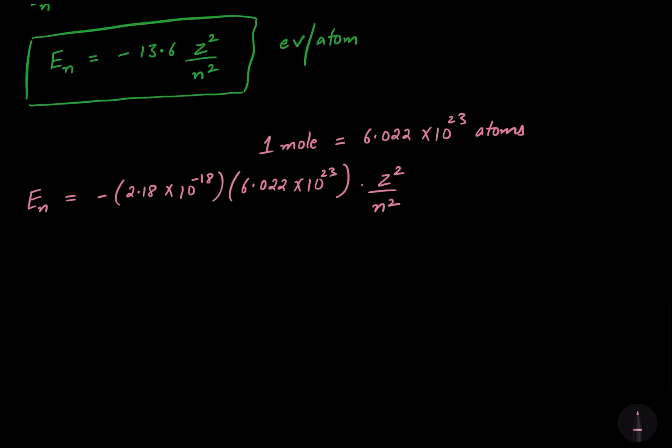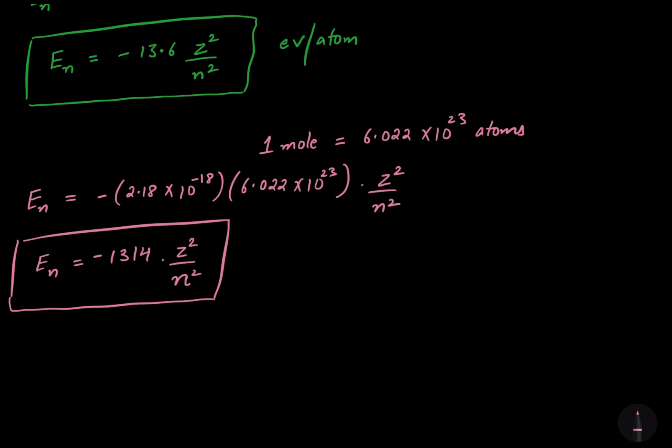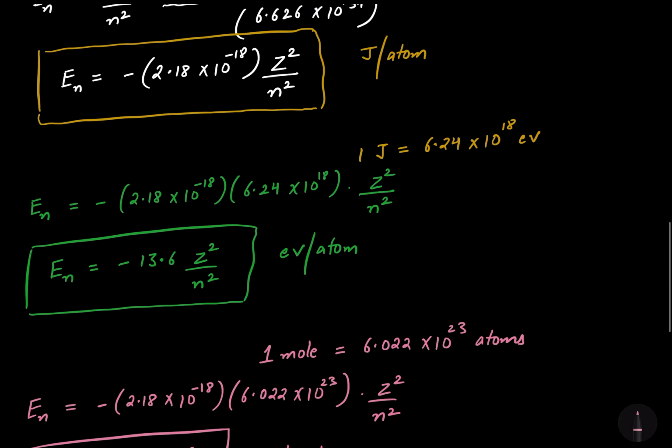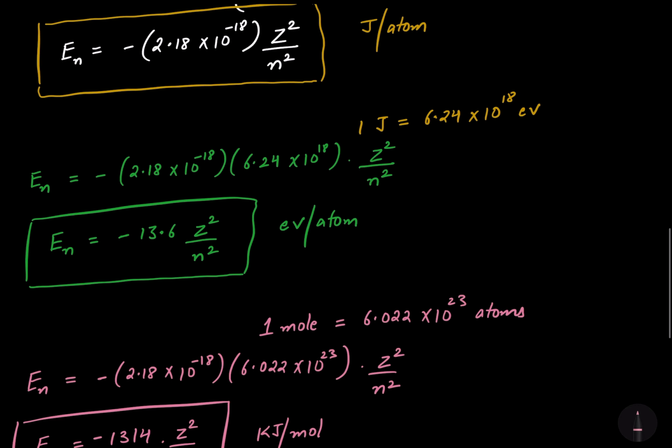So this evaluation comes out to be minus 1314 into Z square by n square, and this will be in kilojoules per mole.